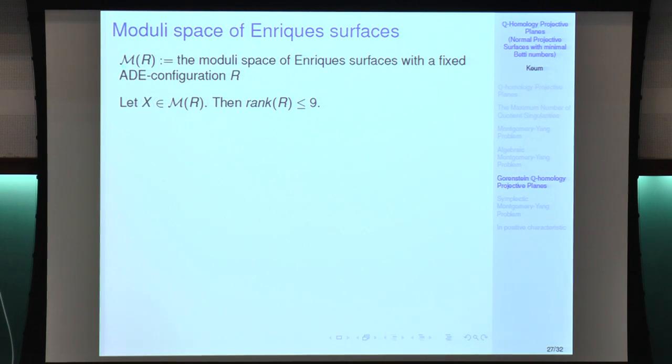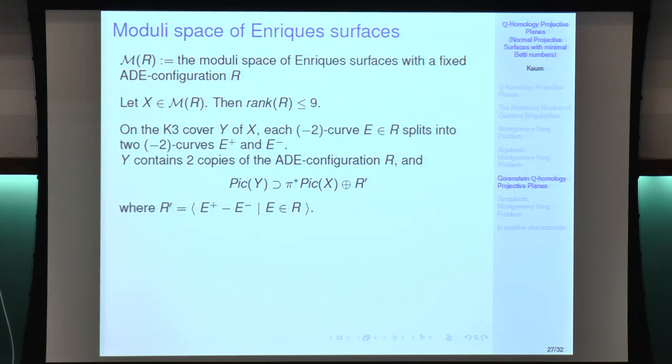Let M sub R be the moduli space of NK surfaces with fixed ADE configuration R, meaning the moduli space of NK surfaces with smooth rational curves with the Dynkin diagram R. And let X be such an NK surface, then rank R is bounded by 9. On the K3 cover, each minus 2 curve splits into 2 minus 2 curves, E plus and E minus.